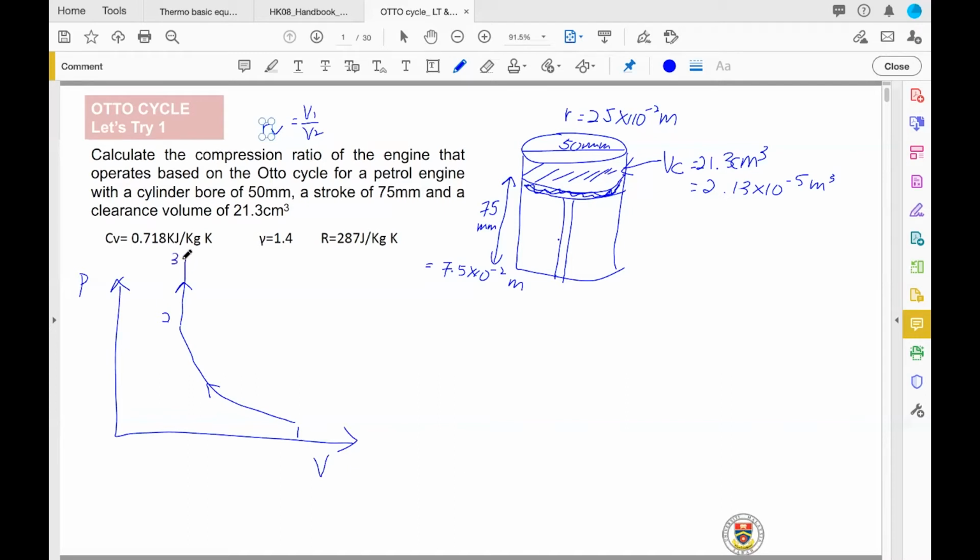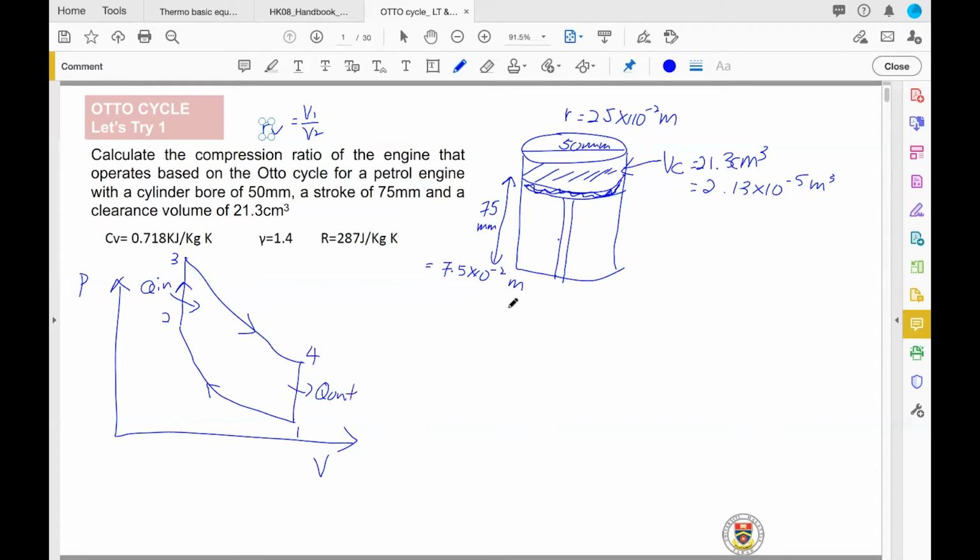Then 3 to 4 is isentropic expansion, and then it goes back to the original exhaust condition. This is quite simple, and you need to remember Q in is here, Q out is here.